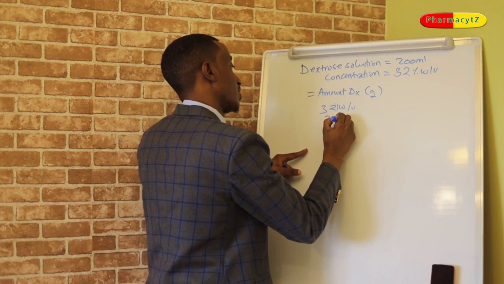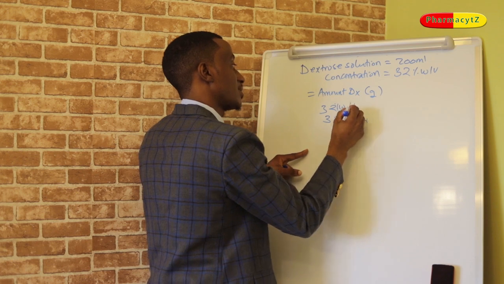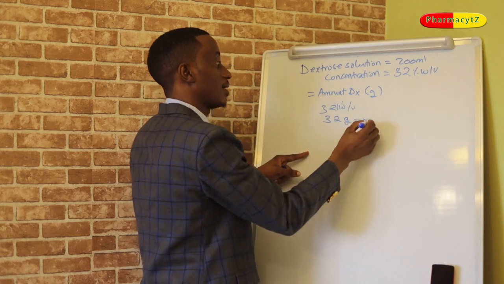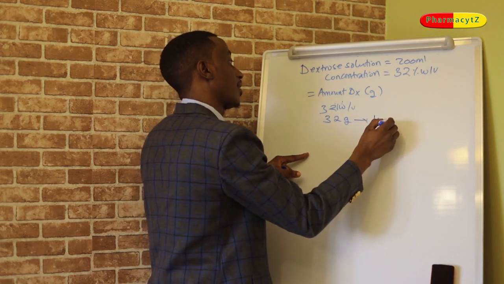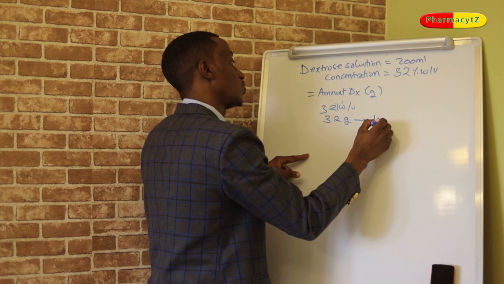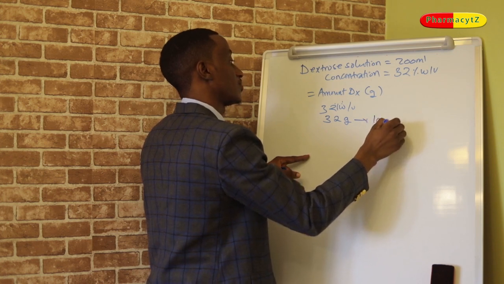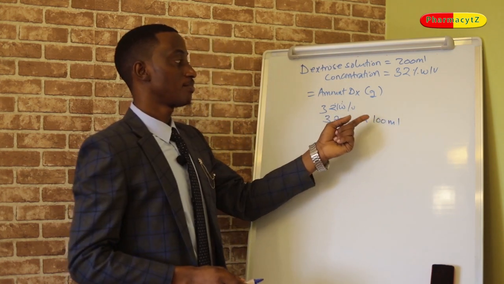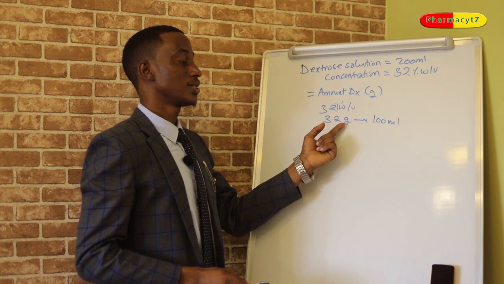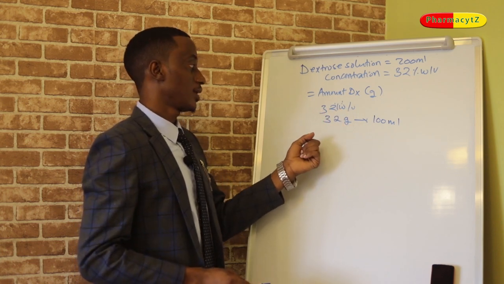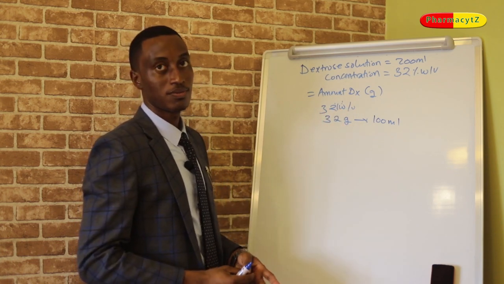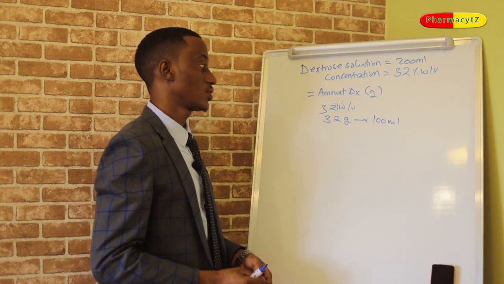This is to say 32 grams weight in terms of grams are in 100 mils. So volume here represents 100 mils, and weight in terms of grams represents 32 grams of dextrose.